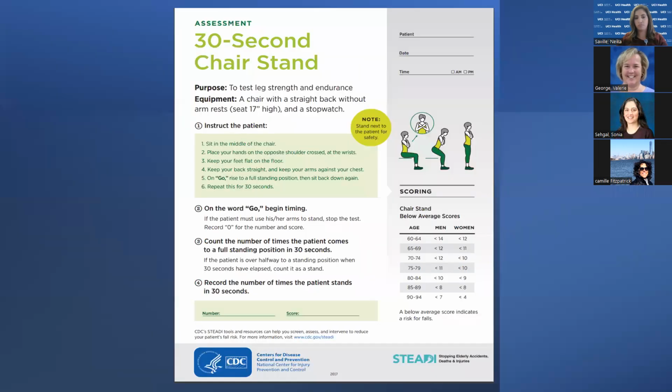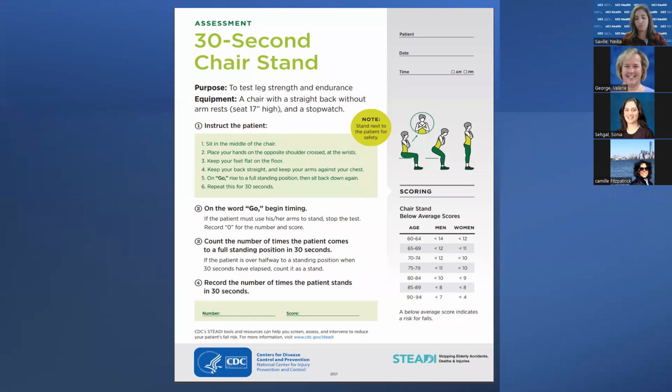Okay, next slide, please. This is a demonstration of a 30-second chair stand, so kind of working the upper body. I'm sorry if the slide is small, but you can see from the diagram, you have the person sit, hands across their chest, arms crossed, and feet flat on the floor.